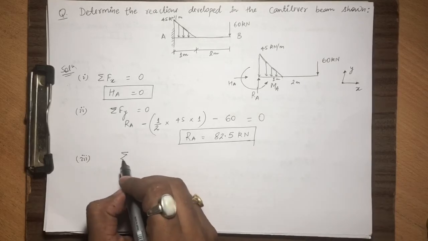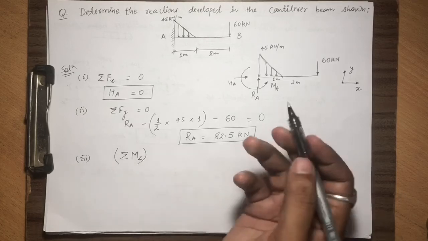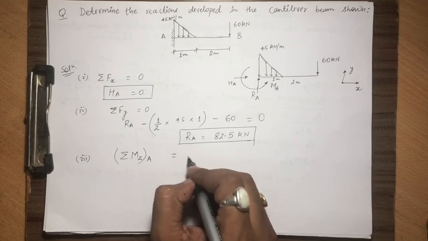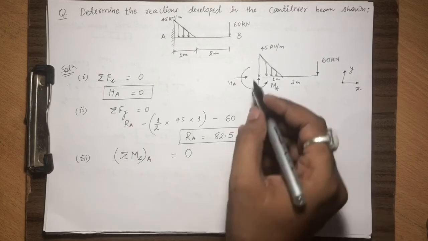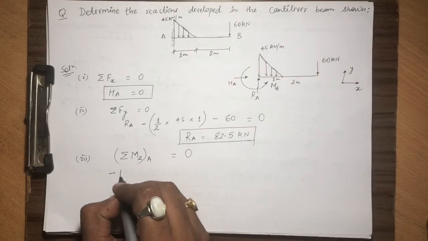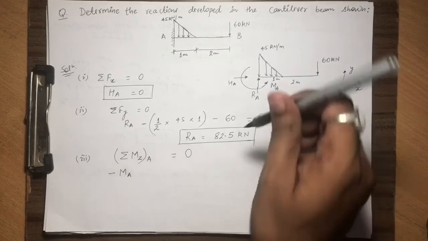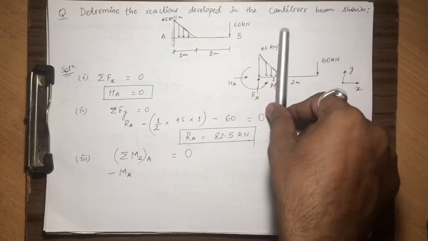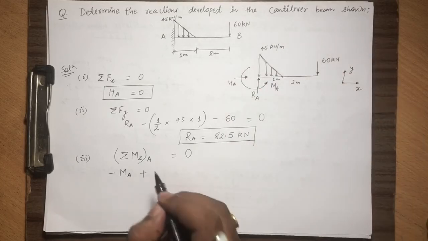Now we are having summation Mz about, let us say, point A is equal to 0. So this is anti-clockwise, so this is minus MA. This is in negative y, but the point is here, so this is clockwise. So clockwise is positive.